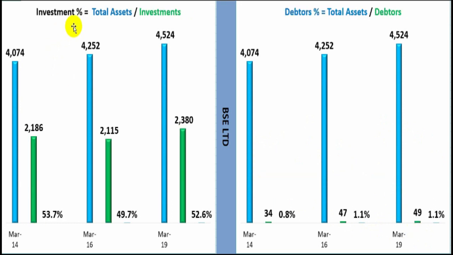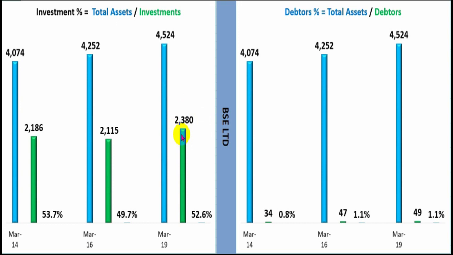Moving on to the investments percentage, here we see another issue where the total investments of the company are very high at above 50% in March 19. Almost half of the balance sheet is under investments, and those investments would generate other income for the company. Earlier in the P&L account, when we were analyzing the other income, we saw that almost 10% of the sales or revenue generated in the business was also coming from other income. So that was a substantial portion.